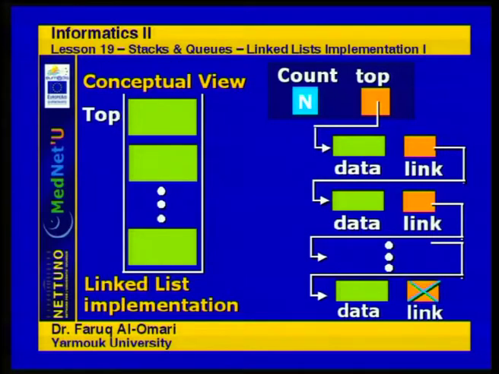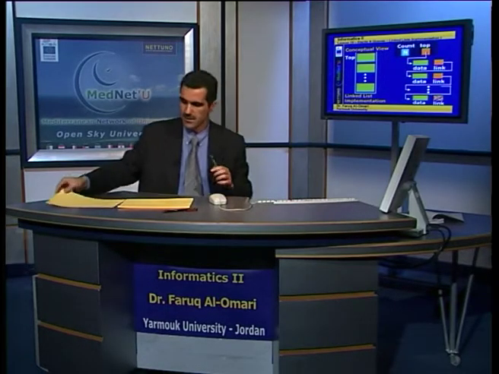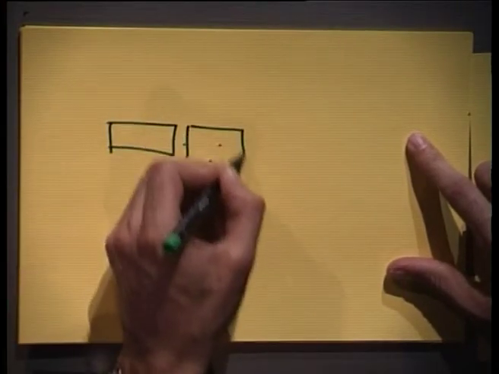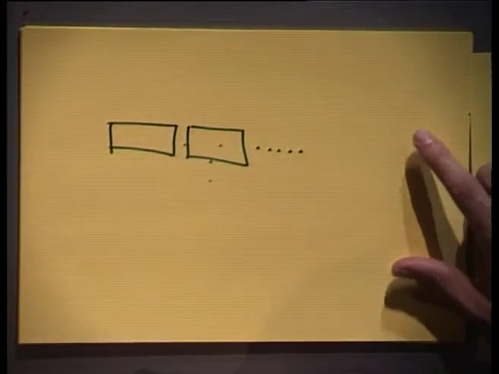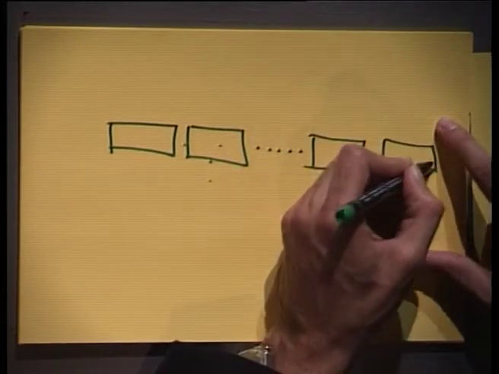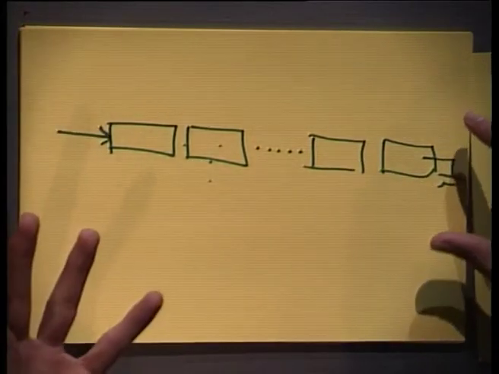However, if I implement that using linked lists, I'm going to have two main definitions. One, to define the stack itself. Remember, I will draw this figure in a slightly different way, the one we have already used in the past few classes. There are basically two structures defining this.